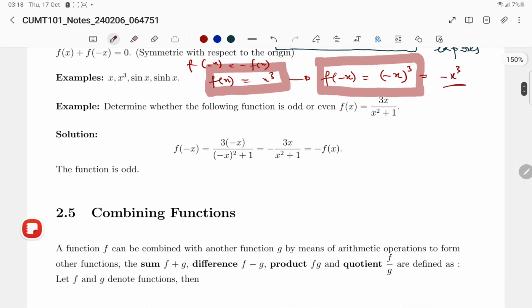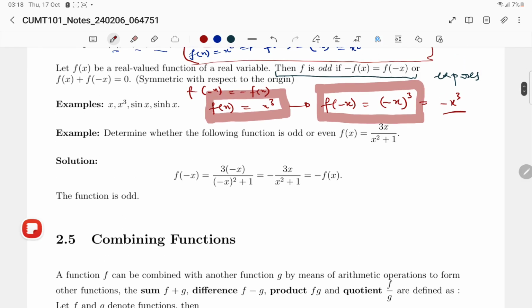There is an example which requires us to determine whether the function f of x, which is 3x over x squared plus 1, is either odd or even.